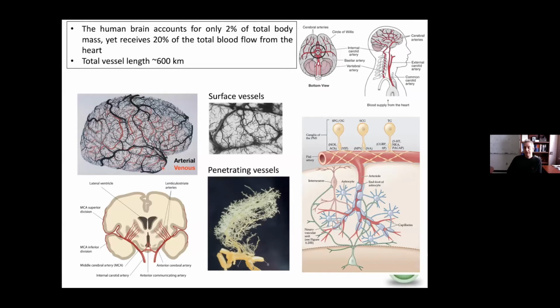Blood supply to the brain is extremely important. And proof of that is just by looking at the way the brain evolved to irrigate this organ. So basically, we have three major arteries coming off the heart: the left and right internal carotid arteries and the basilar arteries.